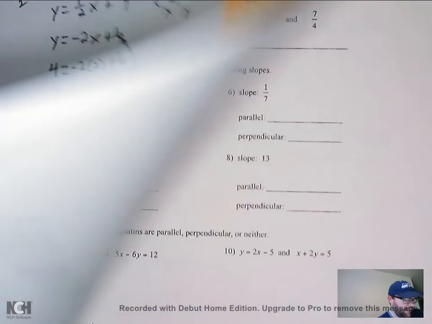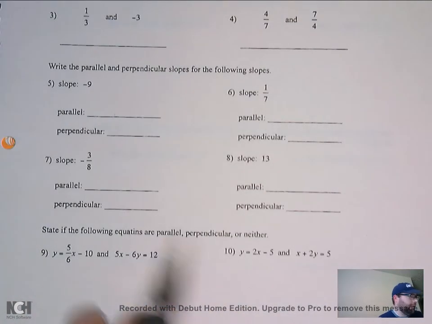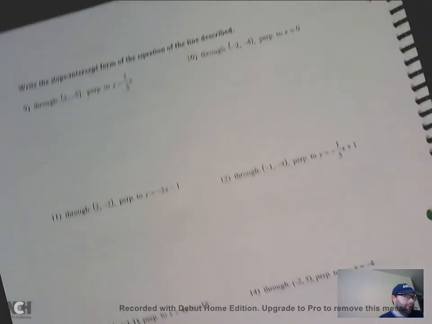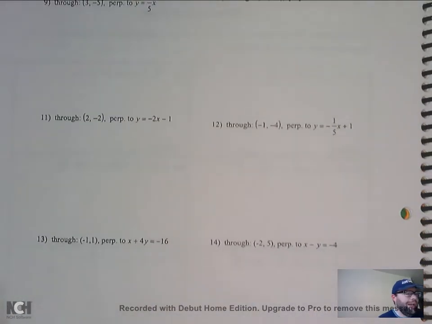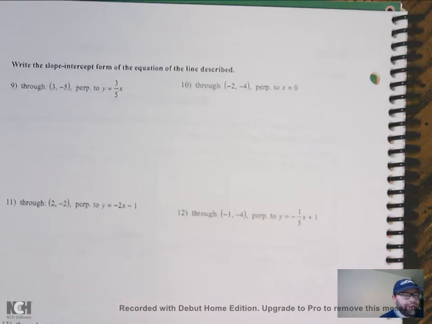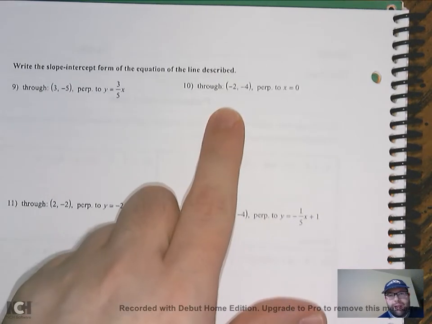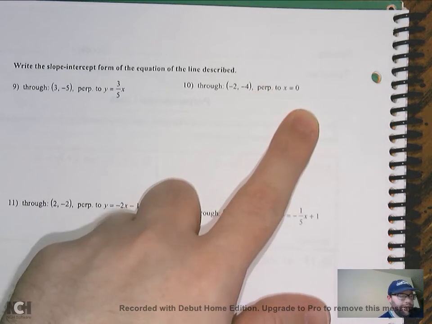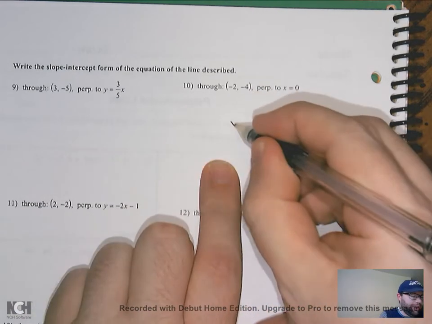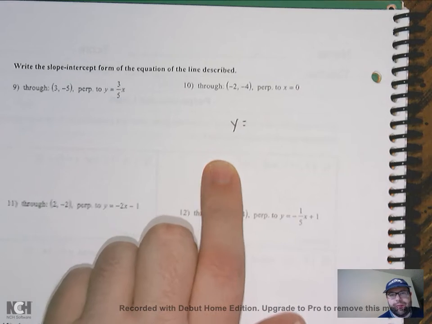Let's turn to page 66, sorry, page 65 or 66. We're going to start on 66. And let's do one of those. So let's look at number 10. So this gives me an x equals, right? So again, a perpendicular line would be a y equals.